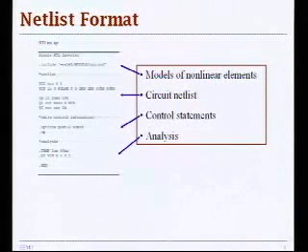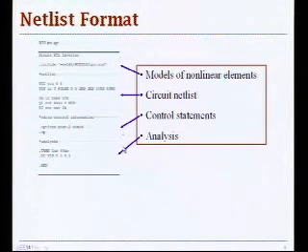So this is a typical SPICE netlist format. It has several sections. It always starts with the first line treated as a comment, and all other comment lines start with either a star or a dollar sign.